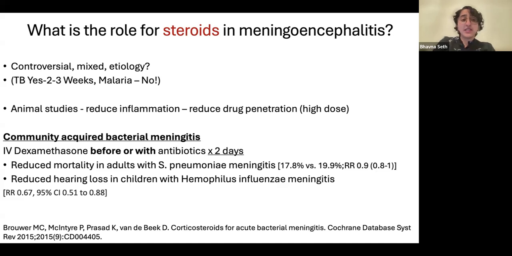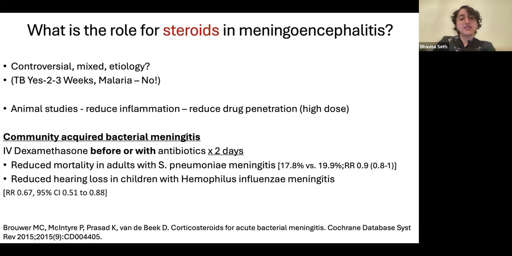In patients with TB, as you may know, steroids are very helpful, and often you may give prolonged courses of them. However, in patients with malaria, they can actually make things a lot worse. In terms of bacterial meningitis, the controversy arises because many animal studies show that steroids are great in the fact that they reduce inflammation in the meninges area.